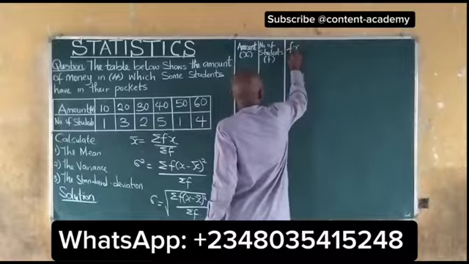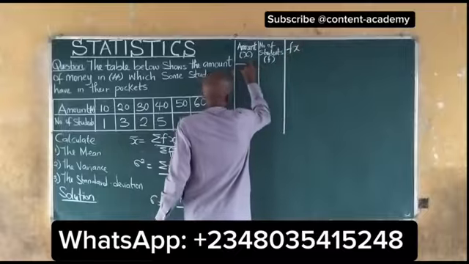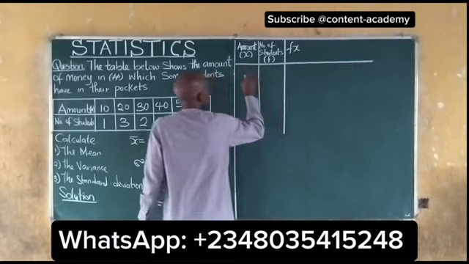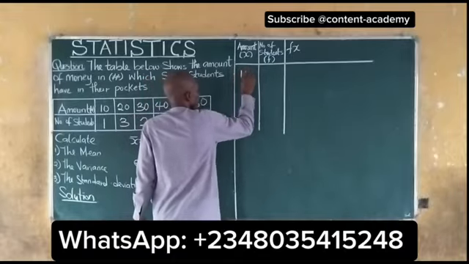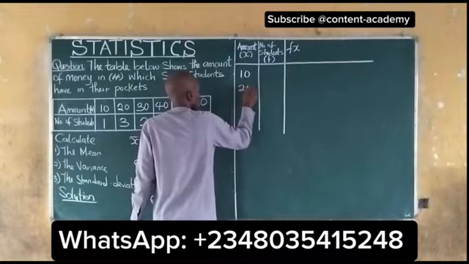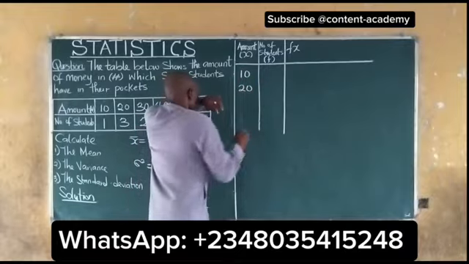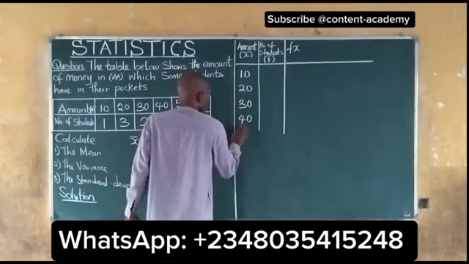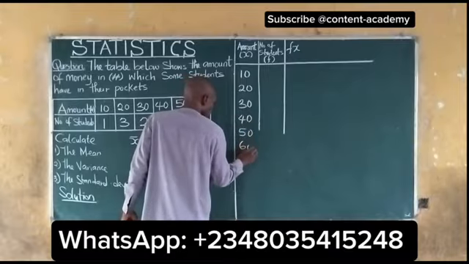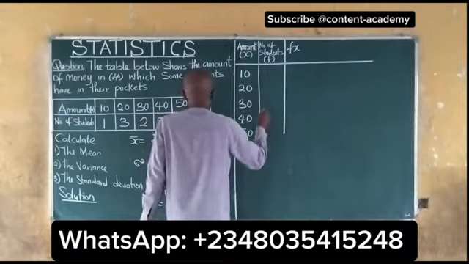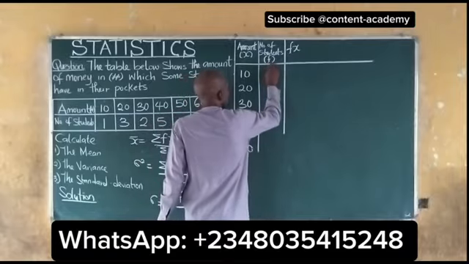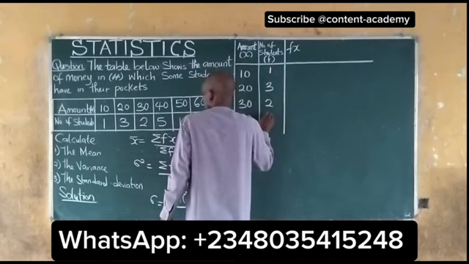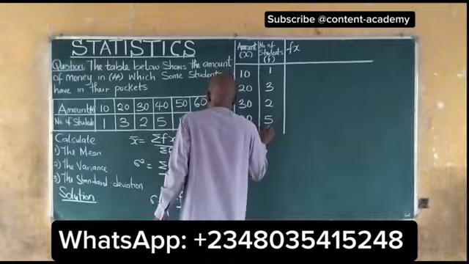Of course, we also have f of x, but first let's start with this. So we have our amount, which is x values, to be 10, 20, 30, 40, 50, and 60. We also have number of students, which is 1, 3, 2, 5, 1, and 4.